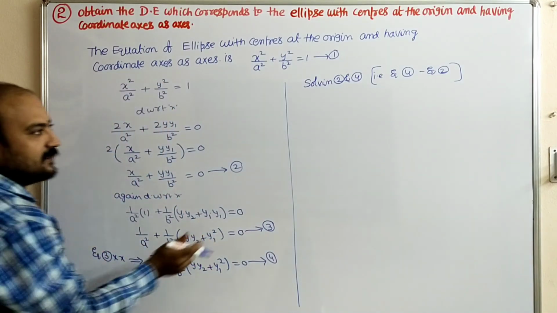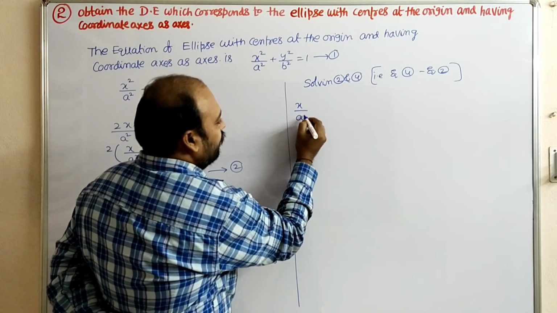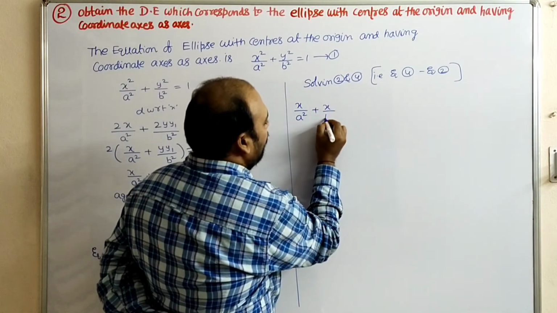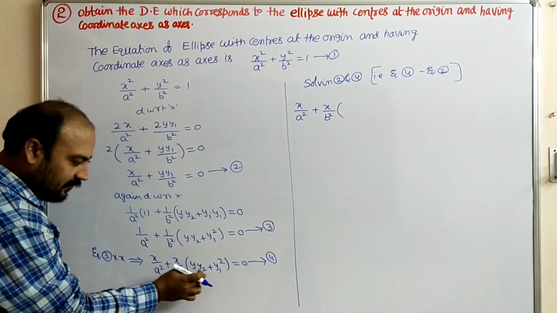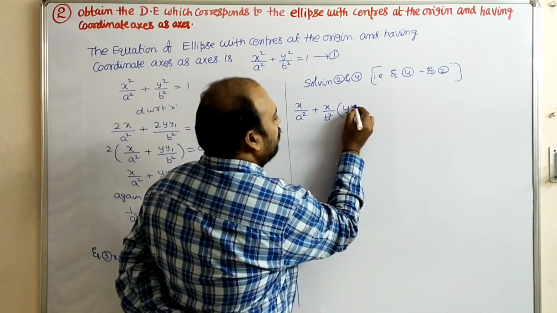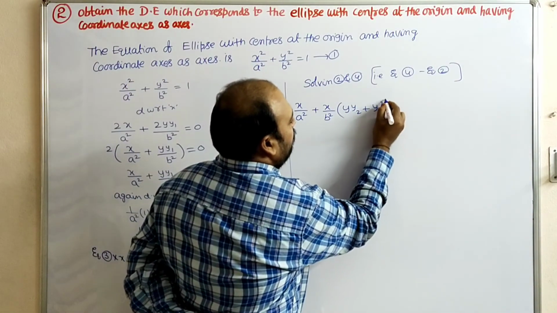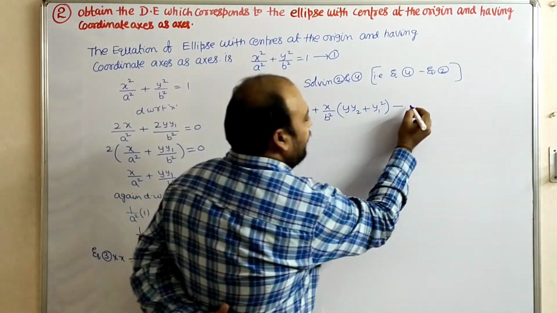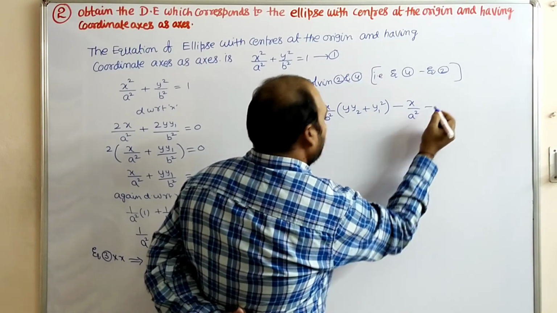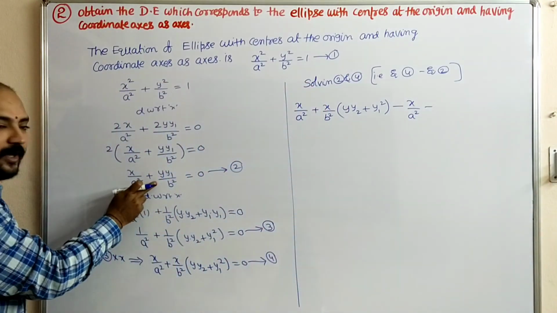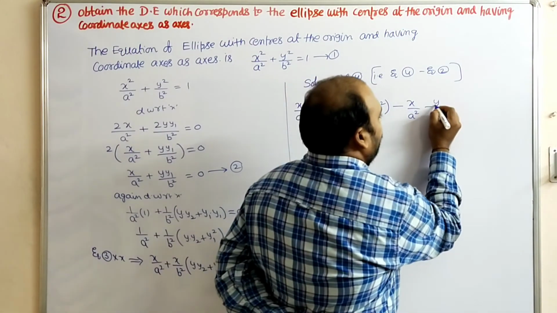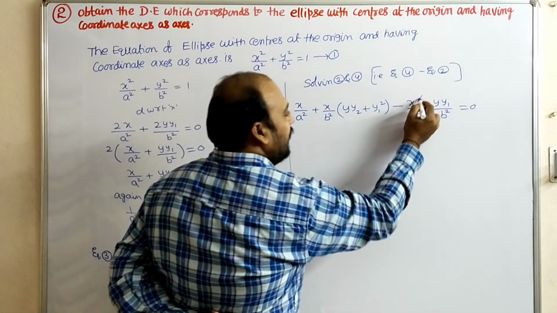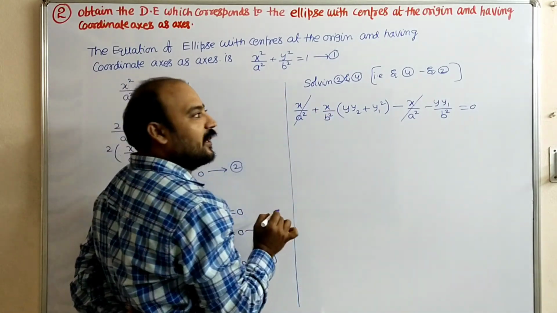So equation 4, that is x by a square plus x by b square into y y2 plus y1 square, minus equation 2, each and every term multiplied by minus: minus x by a square minus y1 by b square, equal to 0. So here minus x by a square and plus x by a square get cancelled.